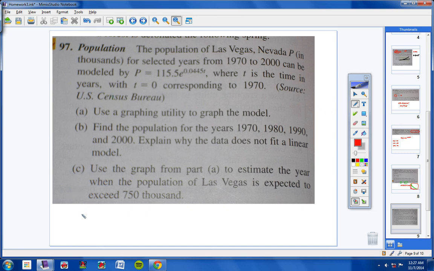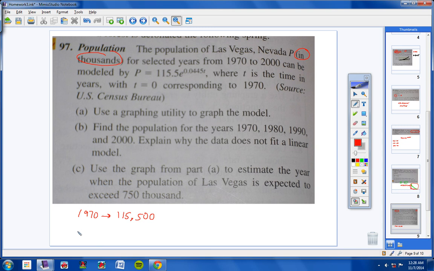We already know the population for 1970 would be 115.5, and it says in thousands right here. So move the decimal 3 places, so 1, 2, 3. So it'll be 115,500.